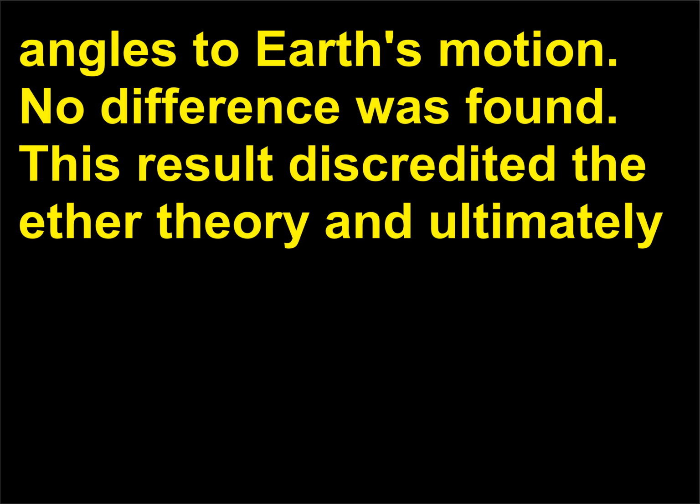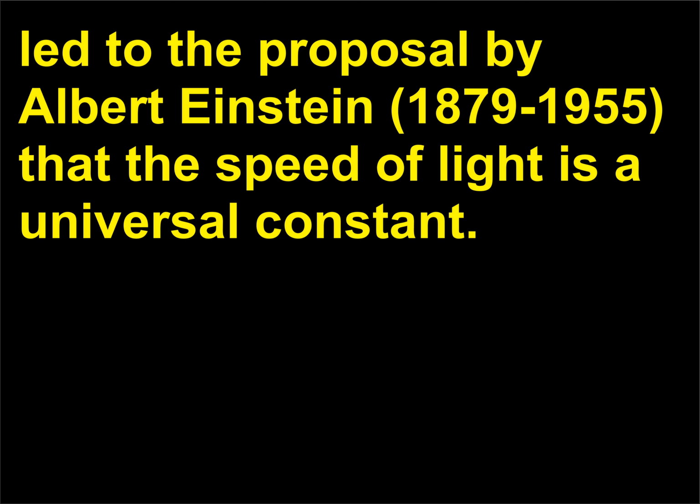No difference was found. This result discredited the ether theory and ultimately led to the proposal by Albert Einstein, 1879–1955, that the speed of light is a universal constant.